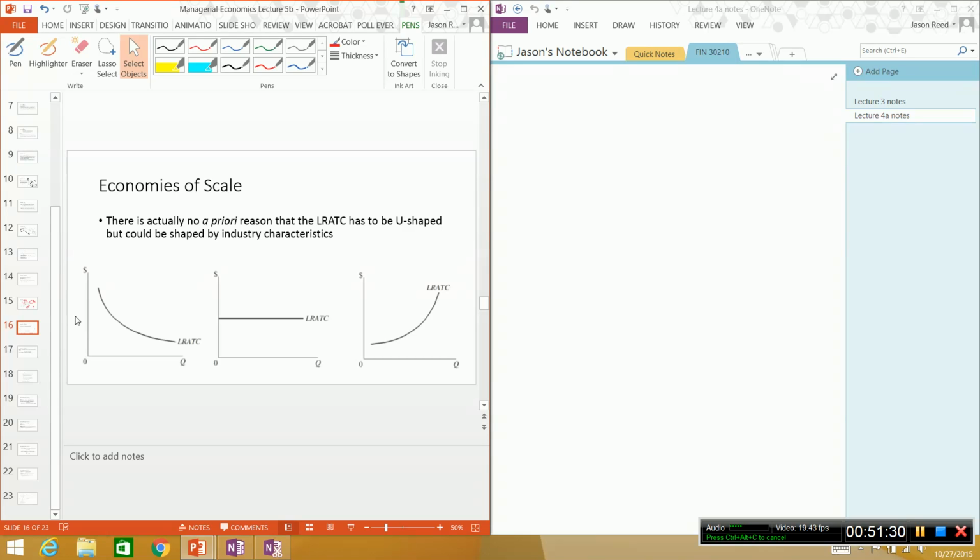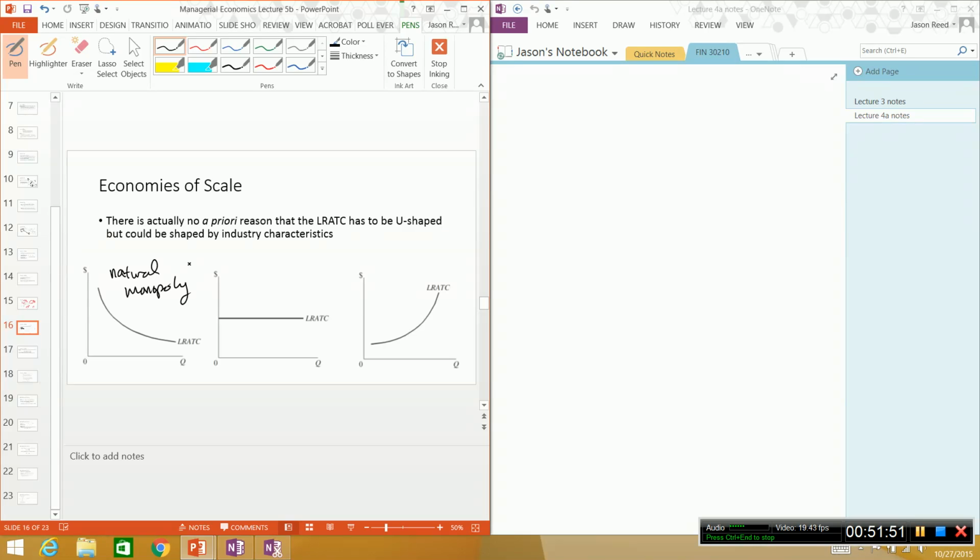So we talked about things. This might be a shape that's very reminiscent of an industry that has a natural monopoly. And the reason that we have maybe a natural monopoly in this situation is that this firm, as they scale up, the long-run average total cost is going down. And for them, they want to have that.